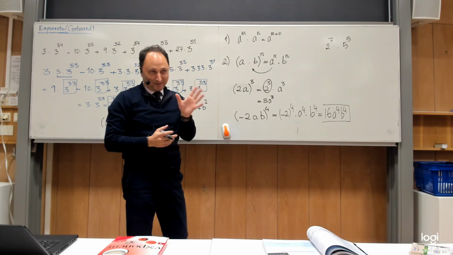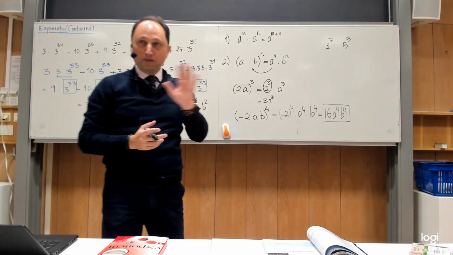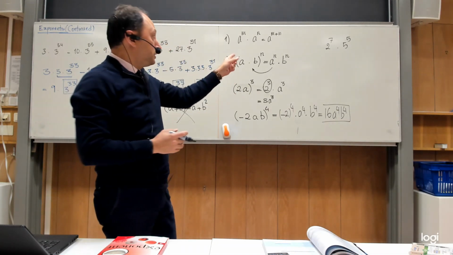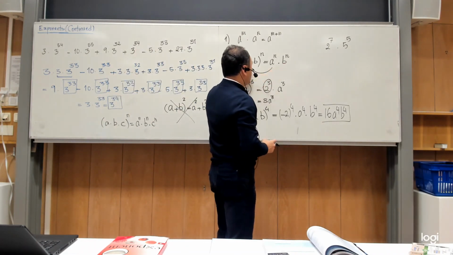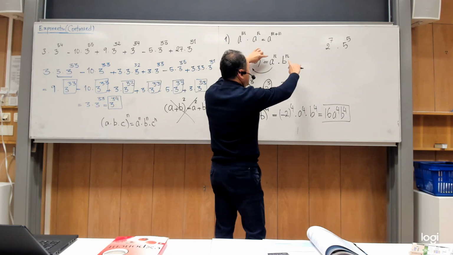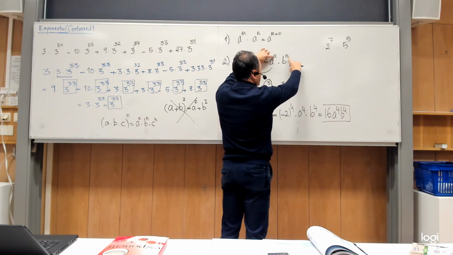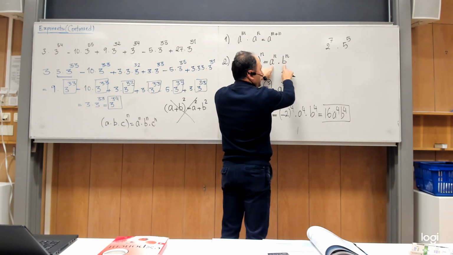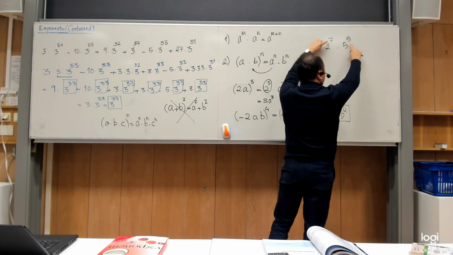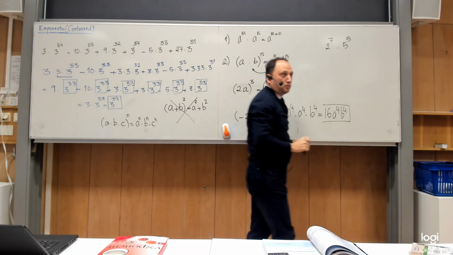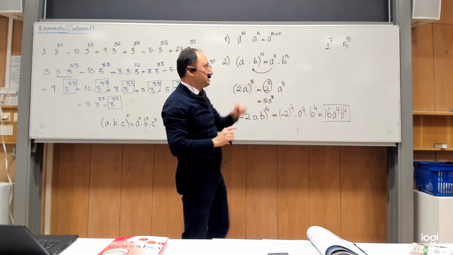Because if I want to go from this direction to this direction, I need these 2 numbers to be the same. The exponents might be different, so I do not have any problem with the difference of those two, but I have problems with the difference of these two numbers because they are not the same. They have to be the same.